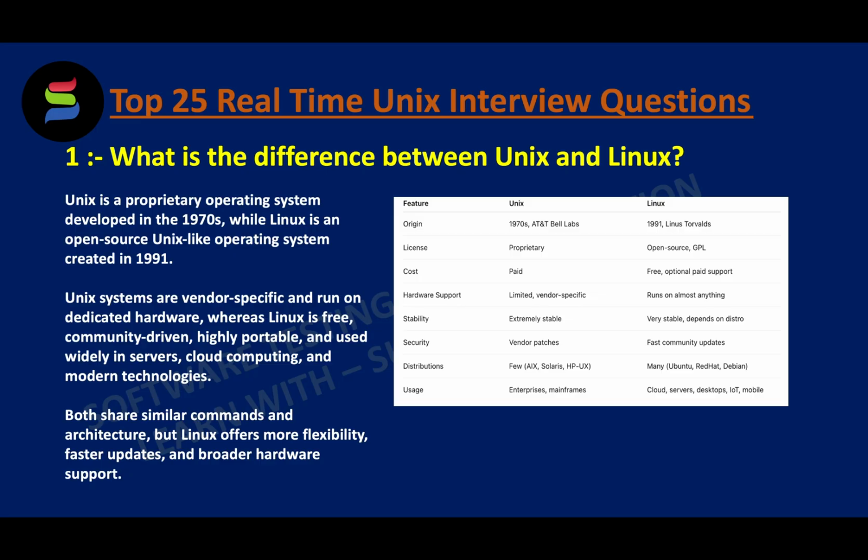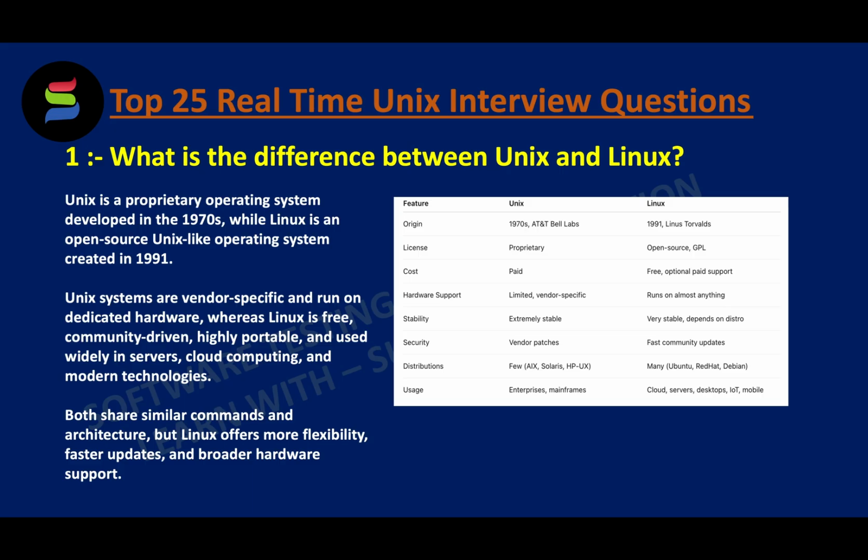This is a very basic question, and here mainly hiring managers check if you understand the ecosystem like Red Hat, Ubuntu, AIX, Solaris. First, let's talk about where both of these operating systems came from. Unix was created in the early 1970s at AT&T Bell Labs.